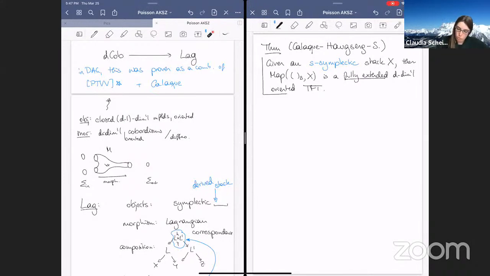Great. So what's the fully extended here? So now, instead of looking at d-cobordisms as a category, as a symmetric monoidal category, I mean, this first part doesn't really change much. Now I add my subscript s to incorporate this Lag_s. That should actually already be here as well.